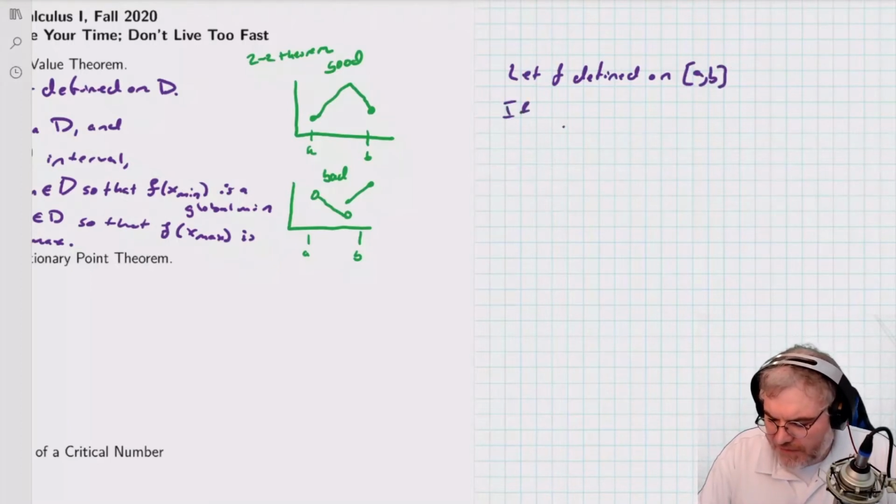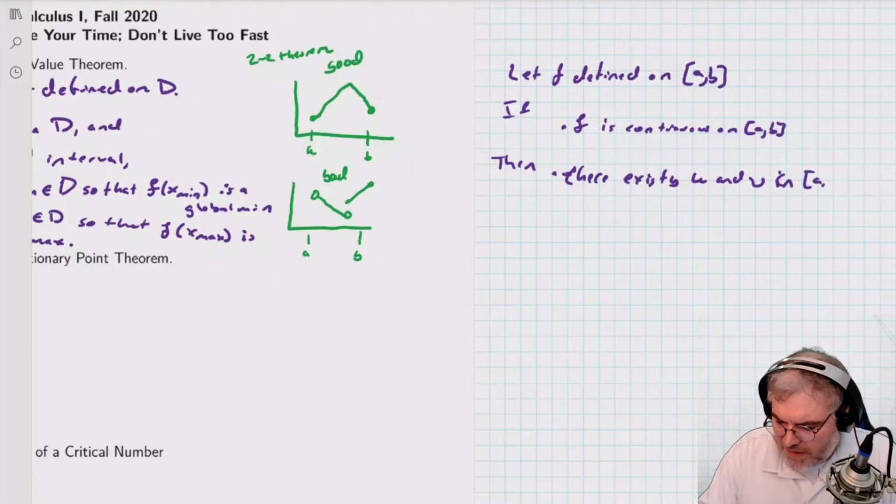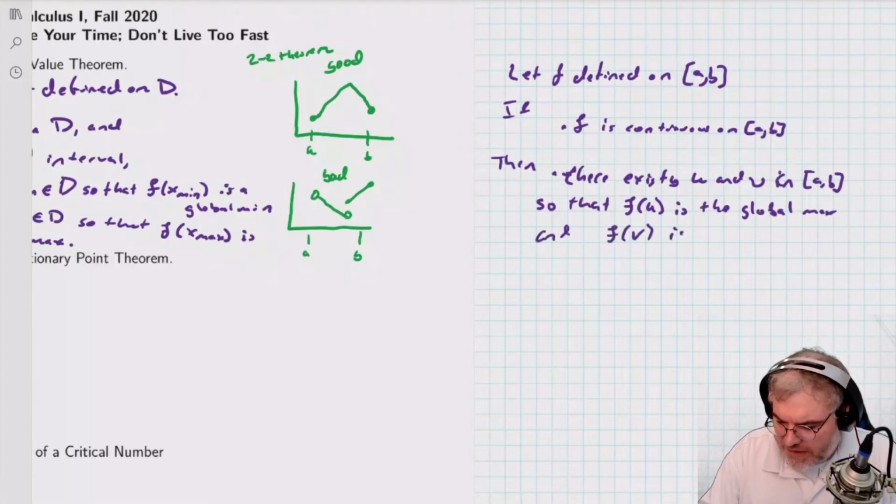If F is continuous on A, B, then there exist U and V in A, B so that F of U is the global max and F of V is the global min.